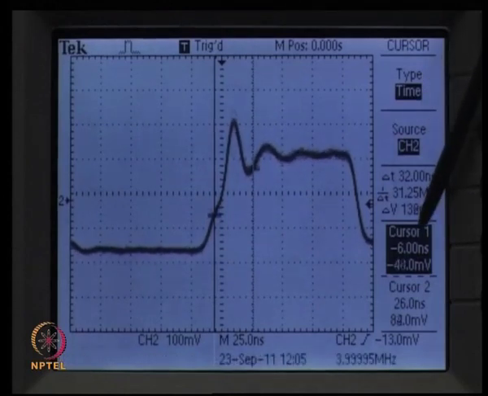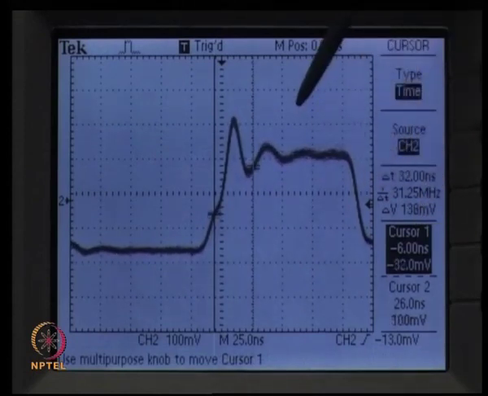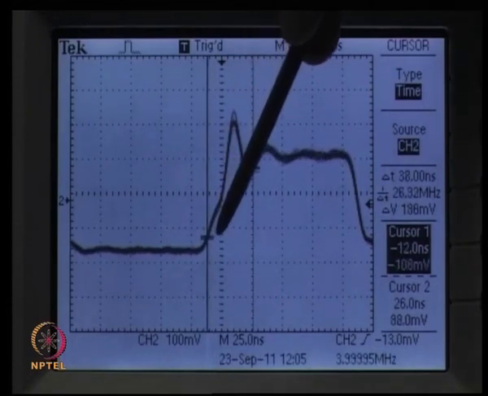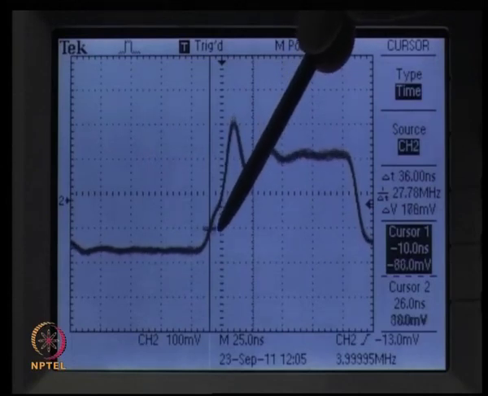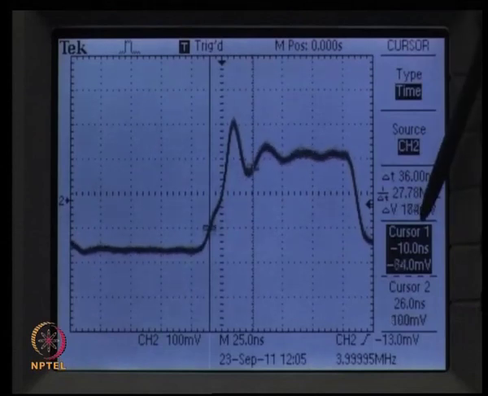We will now measure the rise time for the laser. Cursor 1 is at the 10% level, which shows minus 10 nanoseconds.